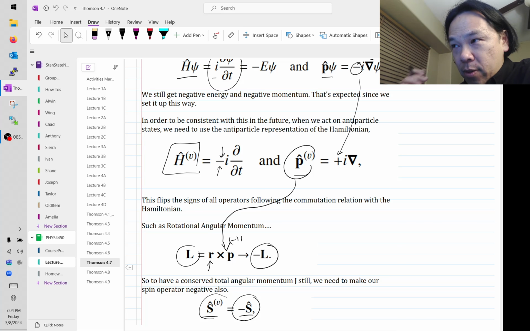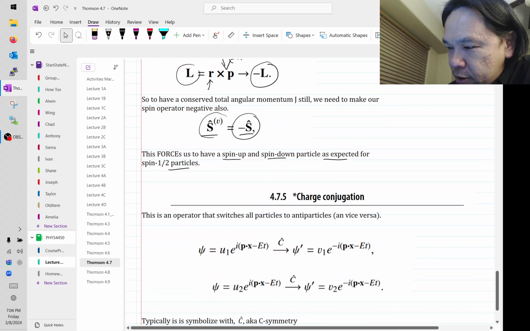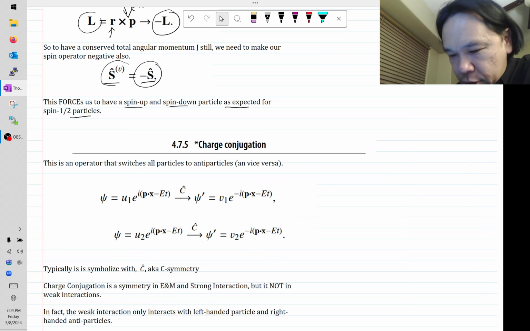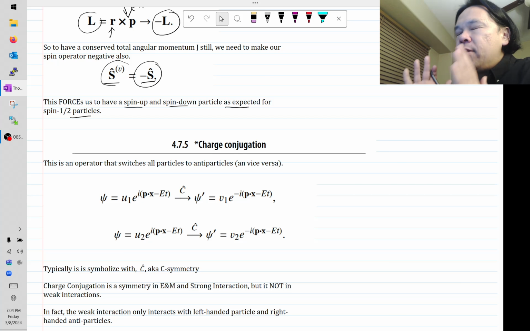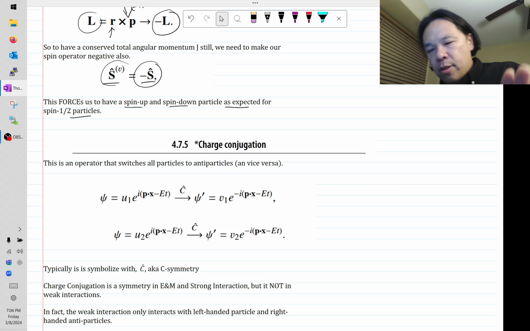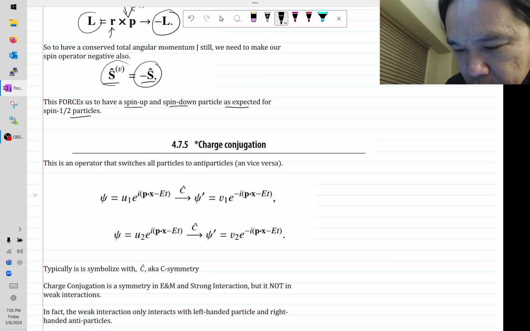When we did the time reversal operation, we made all the math of the particles behave as if they're antiparticles, and all the math from the antiparticle behave as if they are particles. This brings up another interesting operation, known as the charge conjugation transformation, because this is essentially what we did.